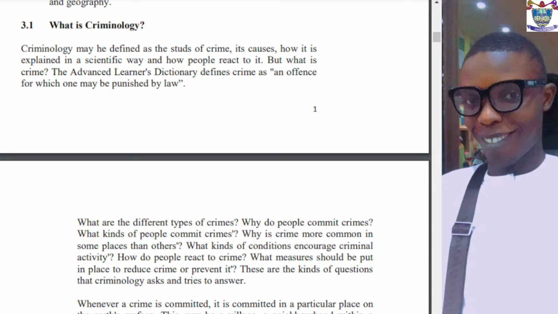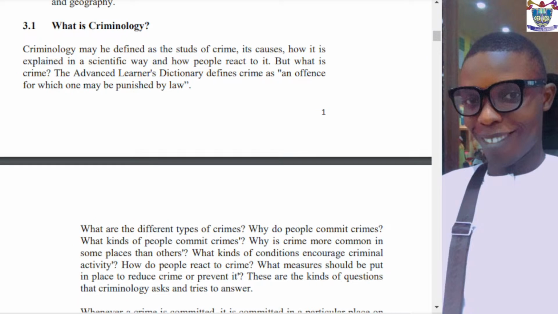And then it also studies how people react to crime. People have different ways they react to crime in every given situation and in every given area. For example, when we hear somebody is a thief, there is a way we all react.